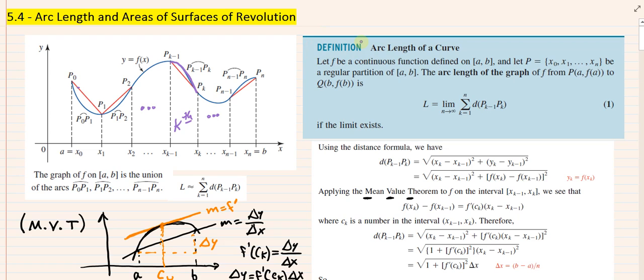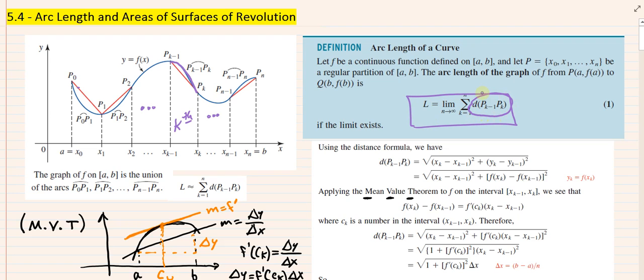If we have a continuous function on a closed interval from A to B, and we have a regular partition, remember that means the length of each subinterval is delta x, then the arc length of the graph of a function f from point A to point B is given by the limit of the Riemann sum of those individual straight line segments.